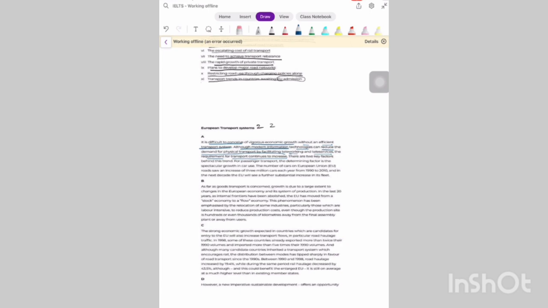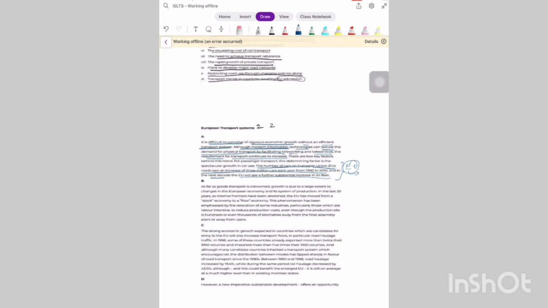Actually, we'll end up reading the whole paragraph. The number of cars on European Union roads saw an increase of 3 million cars each year from 1990 to 2010, and in the next decade you will see a further substantial increase in its fleet. So here it's talking about the EU and the growth in the number of cars.